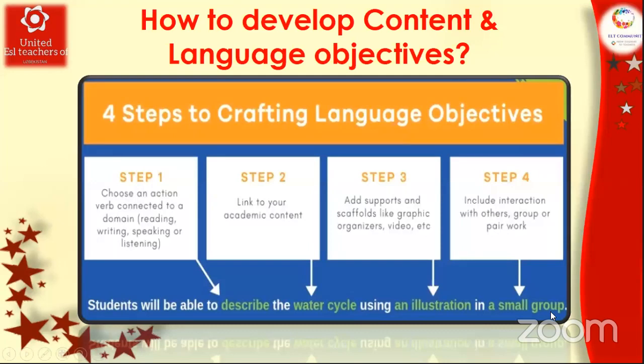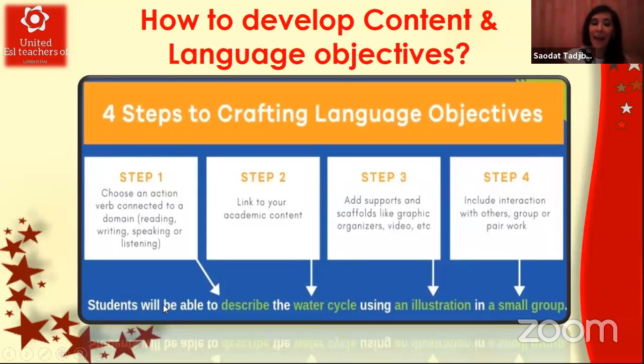Yeah, in pairs. Now you have designed a very perfect one. This can be a perfect language objective. While you are designing, include all this and write it at the beginning of your lesson plan. Do you understand what I mean now?